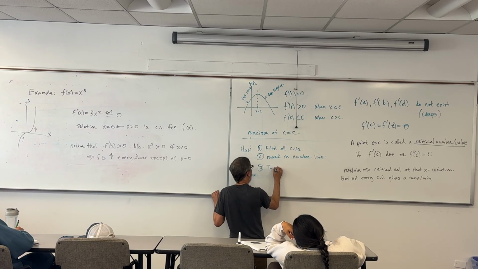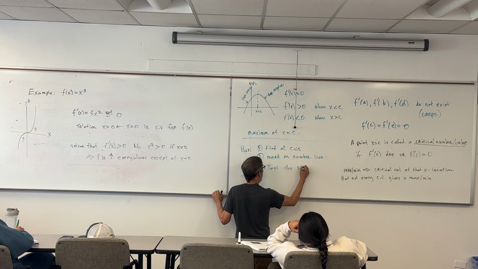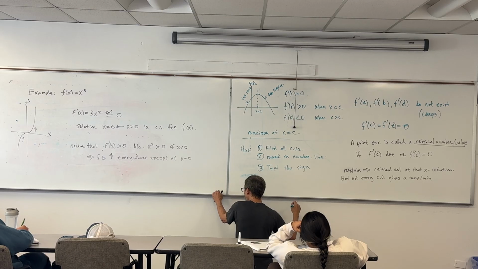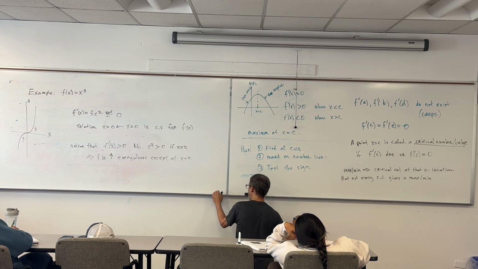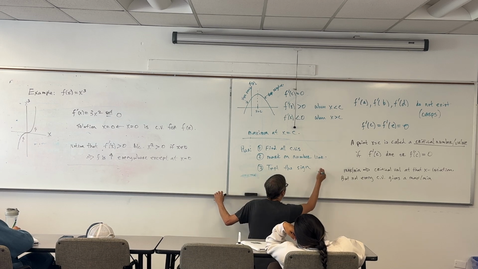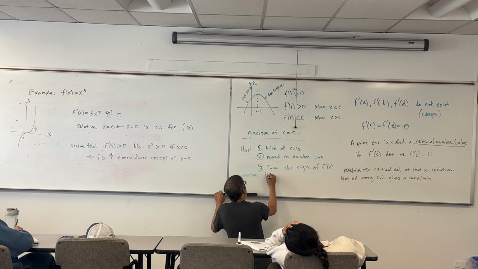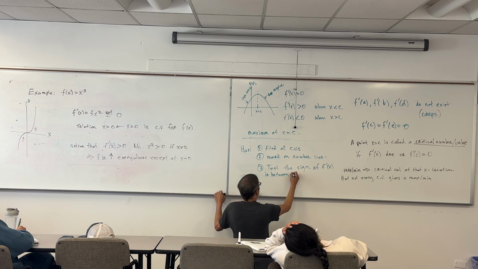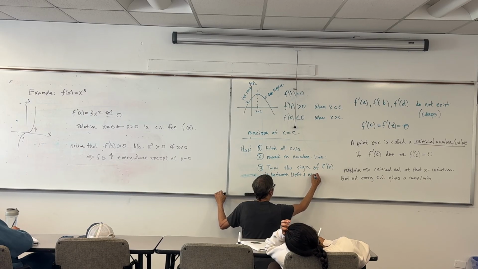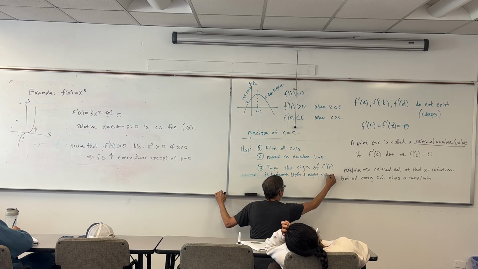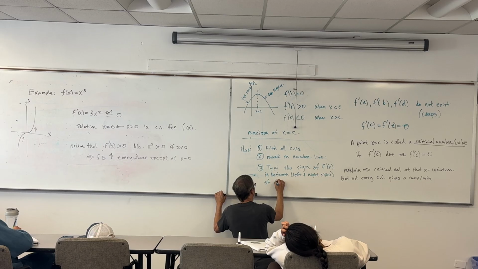Three, test the sign, S-I-G-N, no trig. Well, not for this problem anyway, not for what I'm writing. You'll see some trig. Test the sign of f prime of x in between and left and right sides of all critical values.